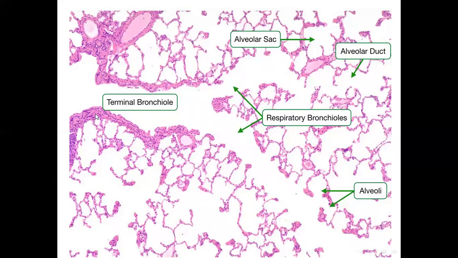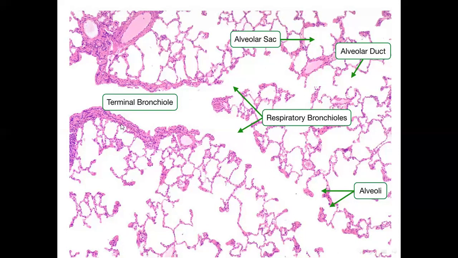Okay, which we said constitutes the terminus of the conducting portion of the respiratory system. The terminal bronchiole is composed of club cells and cuboidal cells, some with cilia, and the narrow lamina propria consists of fibroelastic connective tissue surrounded by one to two layers of smooth muscle.